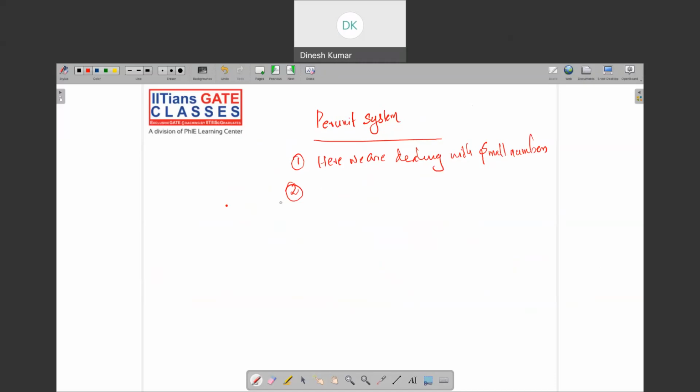We are actually looking at only 1 per unit, 0.5. We are not looking at very large numbers like 1 mega or 2 mega. So we are dealing with very small numbers. Then, we can easily represent a transformer in the single line diagram.